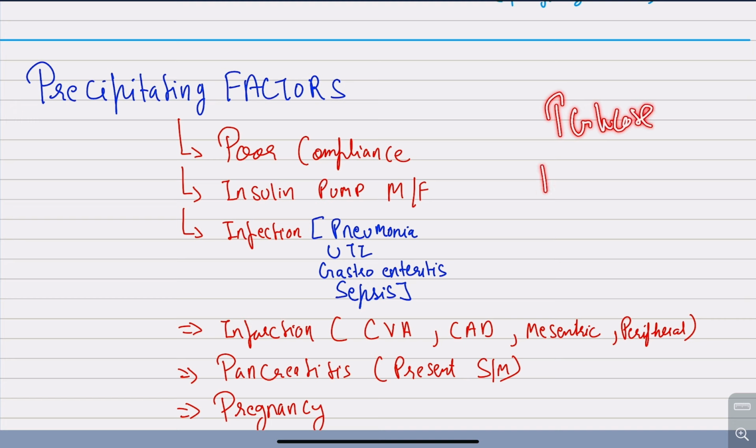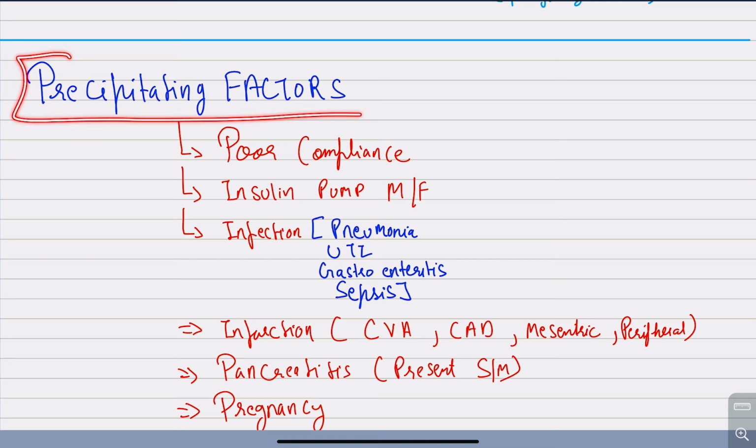That's where the counter-regulatory hormones rise and lead to DKA. Now, the most important part is that whenever there is DKA, people just jump to the diagnosis and think we are done with it: give insulin, give fluid, and the treatment is over. No. Knowing the precipitating factors is very important.